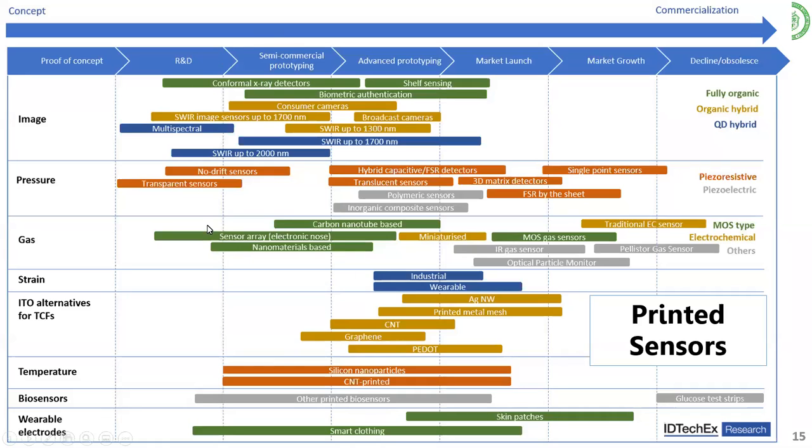So these are either in the research phase or they are going to be launched soon in the market launch phase. And some are already under growth. They are already available in the market and you can easily find the printed sensors.